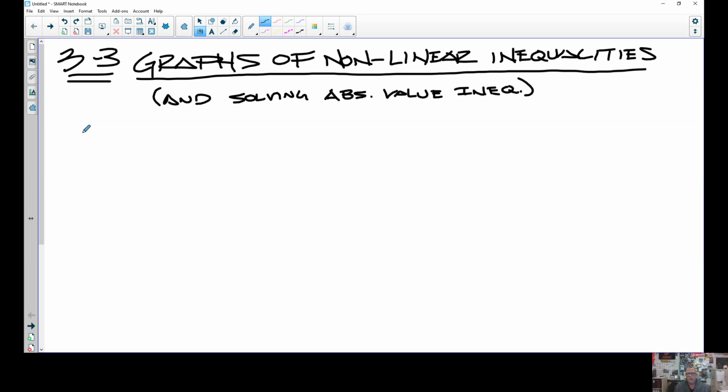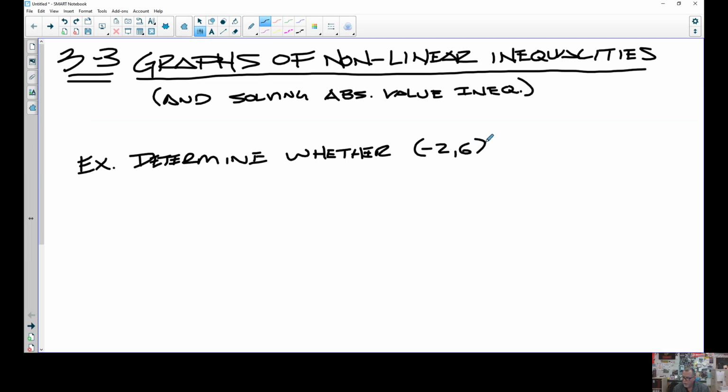So first off, I'm just going to jump right into one of the most basic examples, just to see if we understand what an inequality is. They'll ask you to determine whether, let's say, (-2, 6) is a solution for, let's do this one, y greater than (x plus 2) squared plus 3.